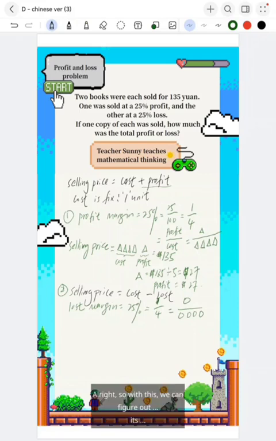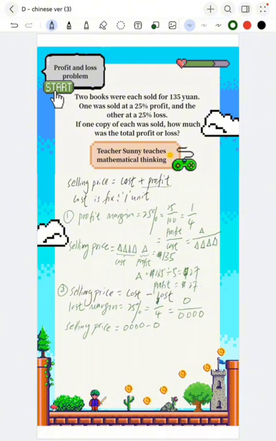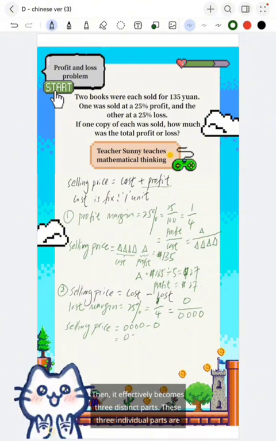Alright, with this, we can figure out its selling price. It's also sold for 135 yuan, but the cost is 4 parts. Simply subtract one part, which is the loss portion. Then it becomes 3 parts.